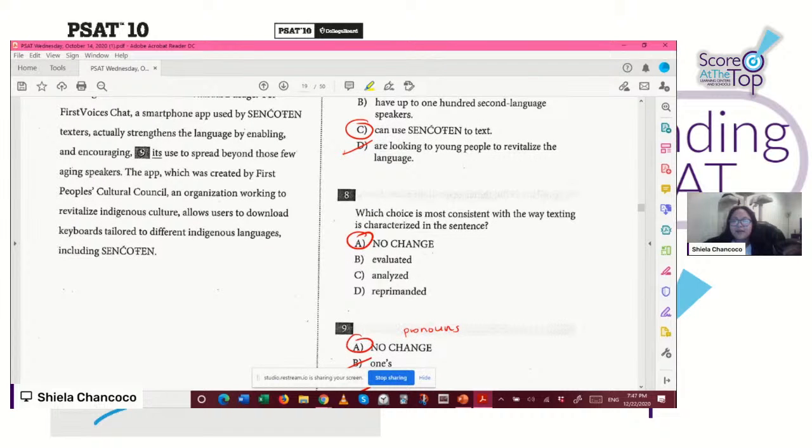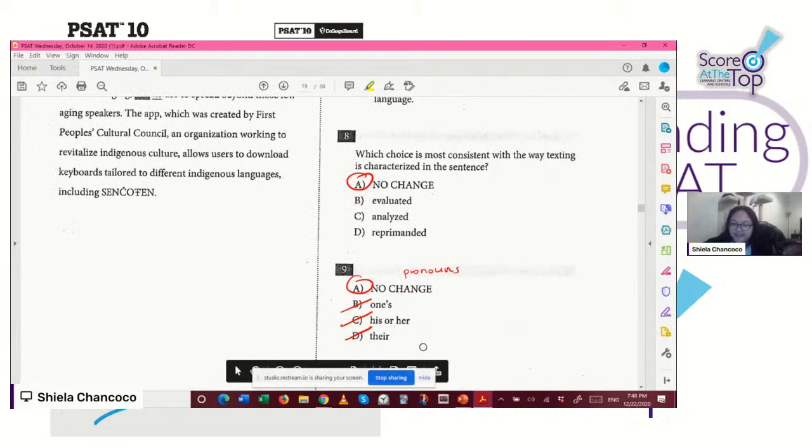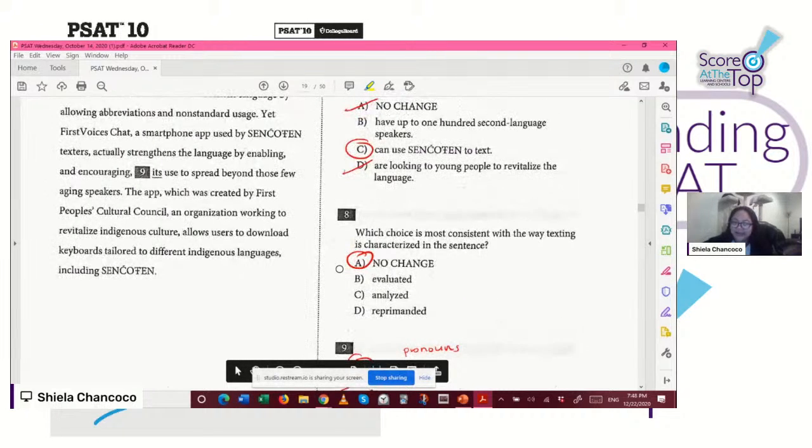They're talking about the aging speakers. Oh, wait, no. They're talking about the use of the smartphone app, right? The use of First Voice Chat, and there's only one of those, right? So it's not his, her, their, ones. It's actually its, because it's the app.